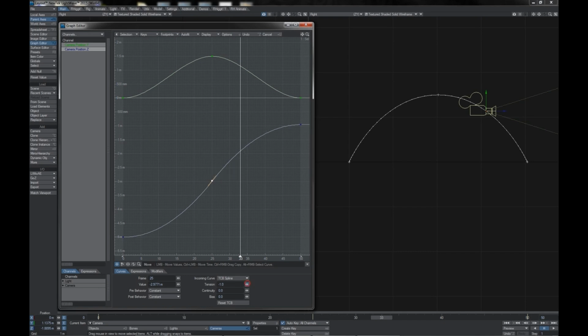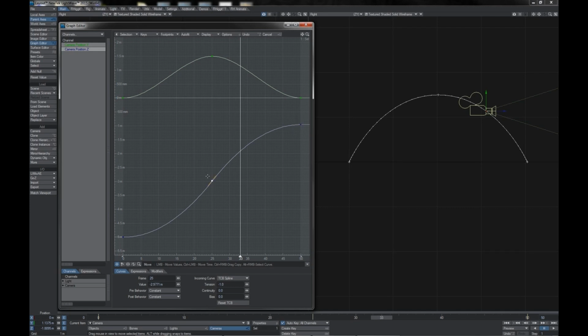Once again, if I push it to tension 1, then it does it the other way, so I get the slow out to a slow in to another slow out and back to a slow in there. I get this sort of plateau tightened out. But if I push it the opposite way, then I can accentuate that overall smoothness of the ease in and ease out between these two keys here.